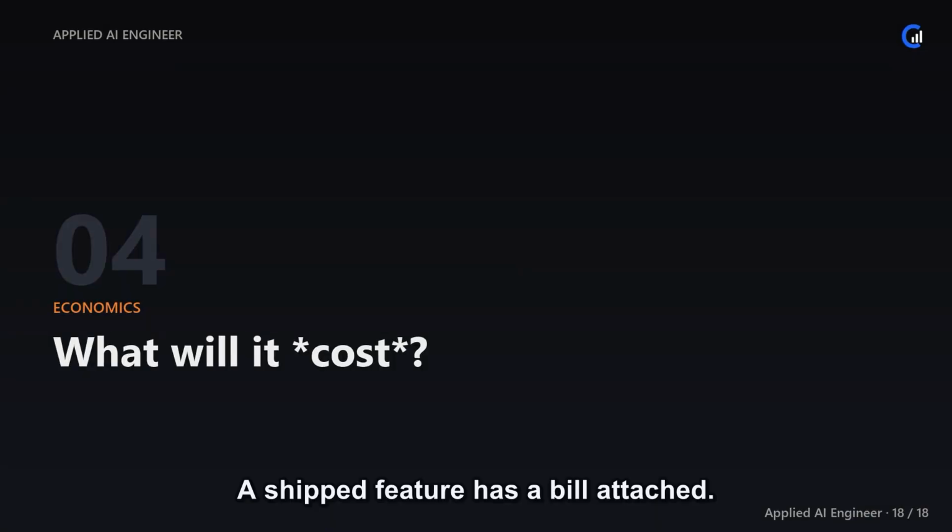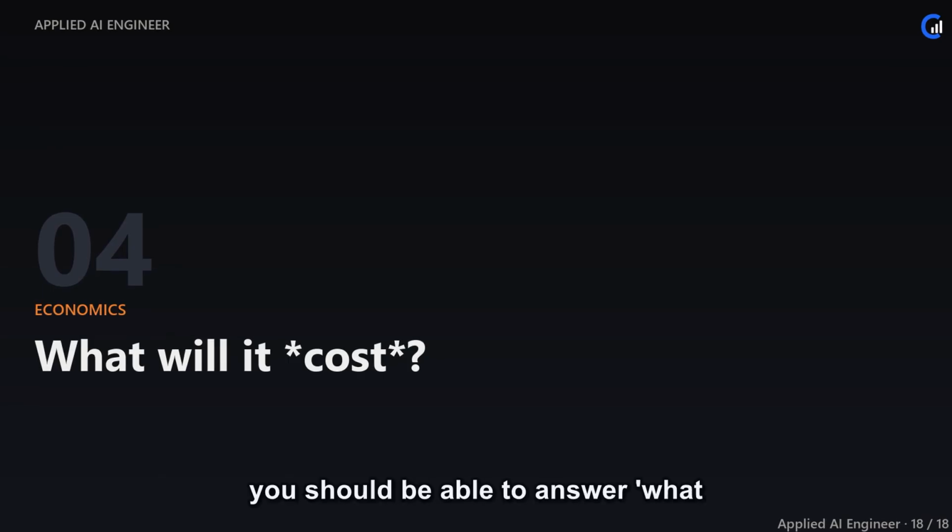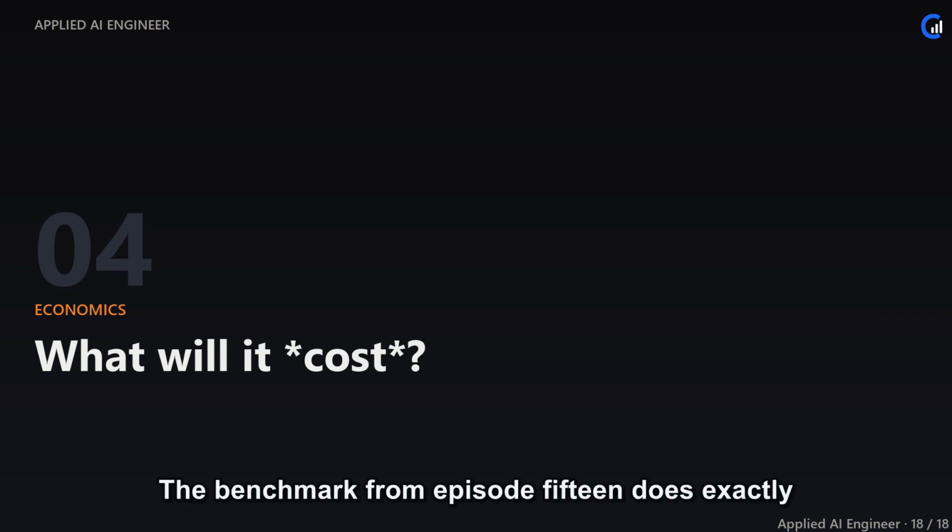A shipped feature has a bill attached. Before launch, you should be able to answer what does this cost per 1,000 requests and pick your model tier with eyes open. The benchmark from episode 15 does exactly that.